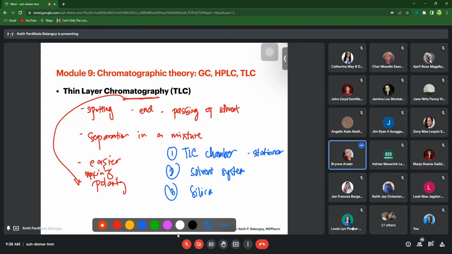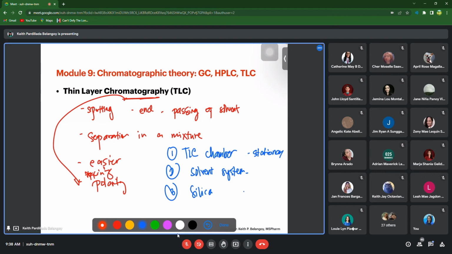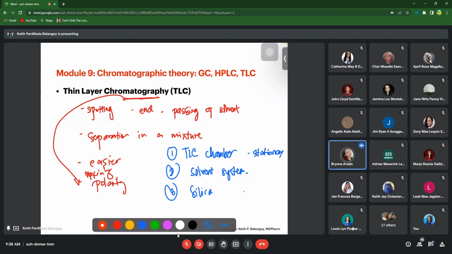And then the silica gel is a polar absorbent with slight acidity, which enables it to absorb the basic contents in the material. And then the solvent system is used to help to separate the components of a mixture. So those are the three common parts of the thin layer chromatography.